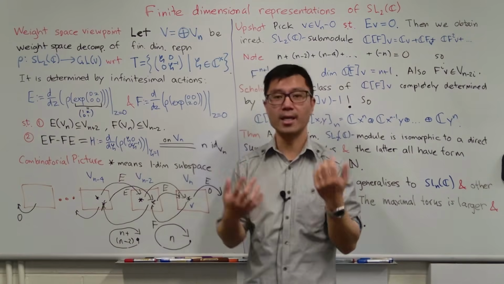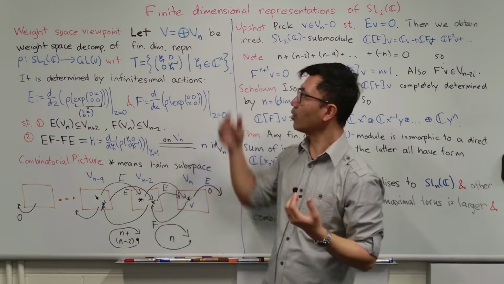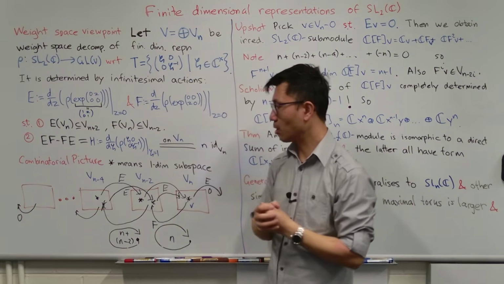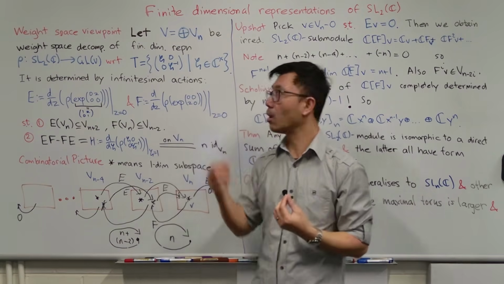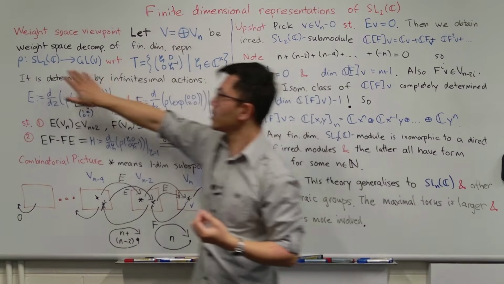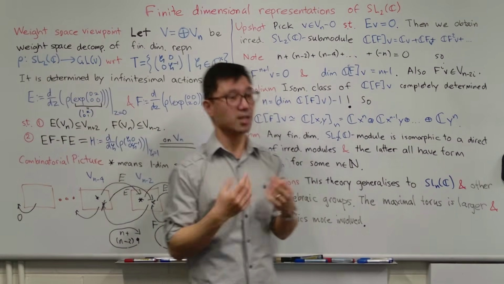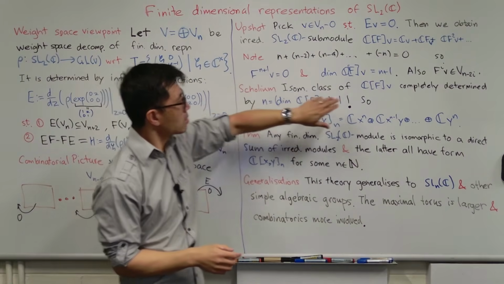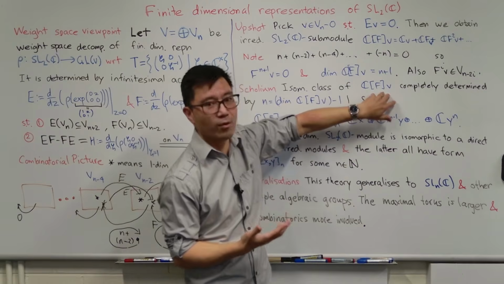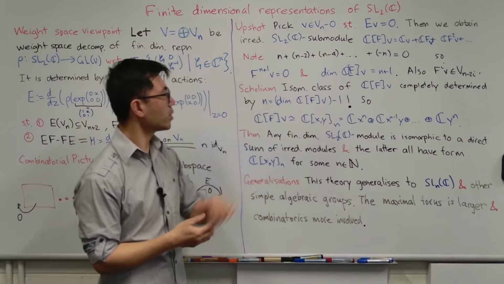So once you know what E and F do, and also the weight space decomposition, then you know what that representation of SL2C is, which is irreducible. So that's really great. So you've got a lot of information about this. So what does that mean in particular?